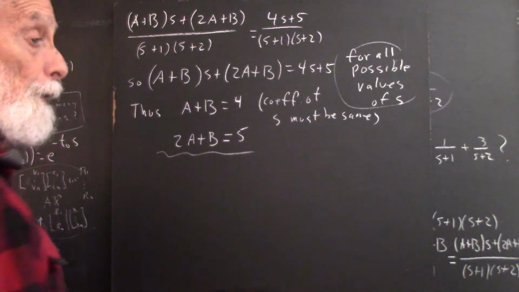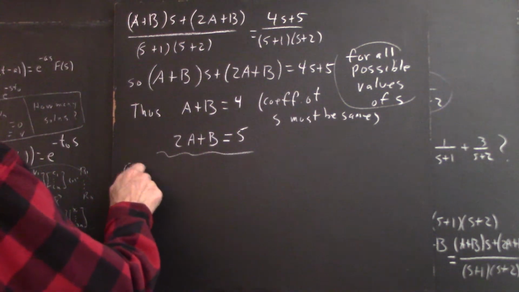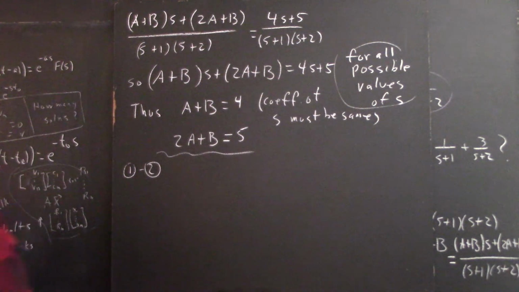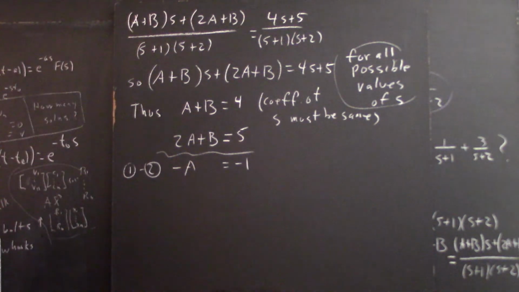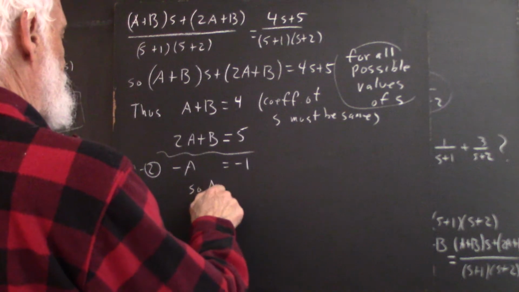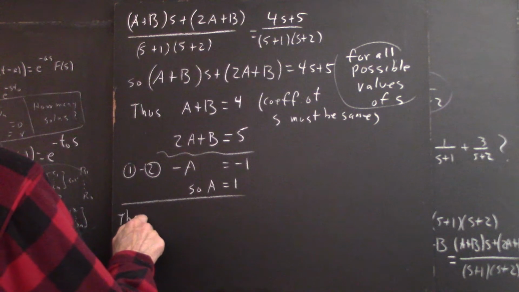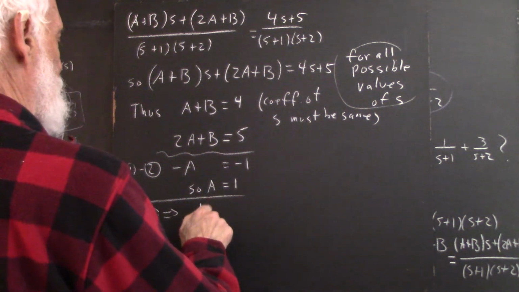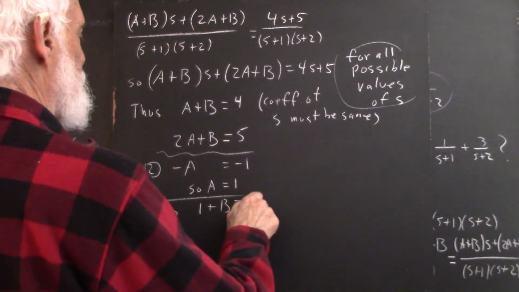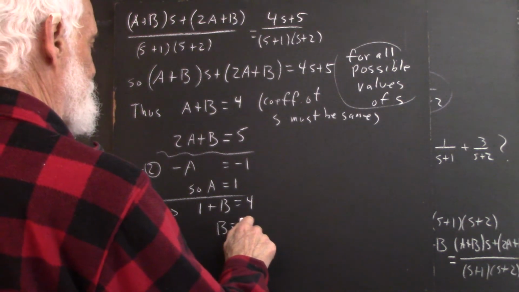Well, we can easily solve this equation. Like we just do equation 1 minus equation 2 gives us negative a equals negative 1. So a equals 1. Then equation 1 tells us that 1 plus b has to equal 4, so that b equals 3.